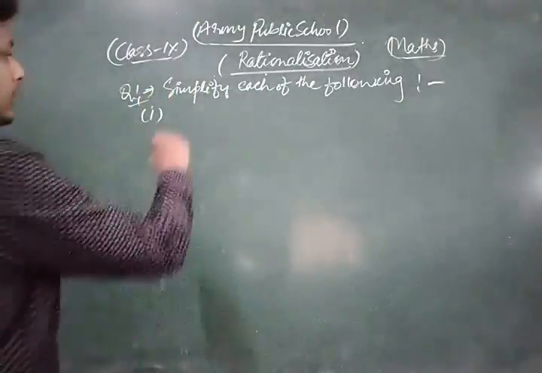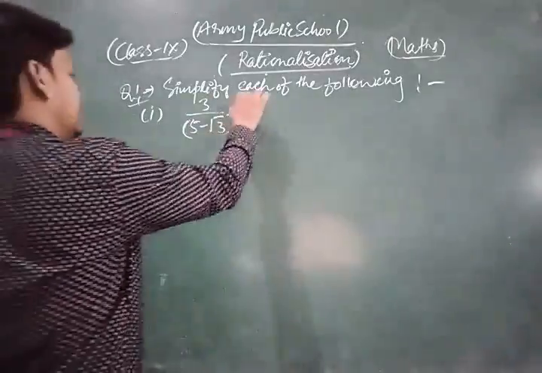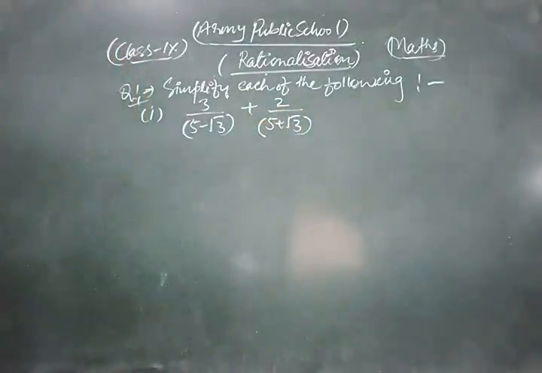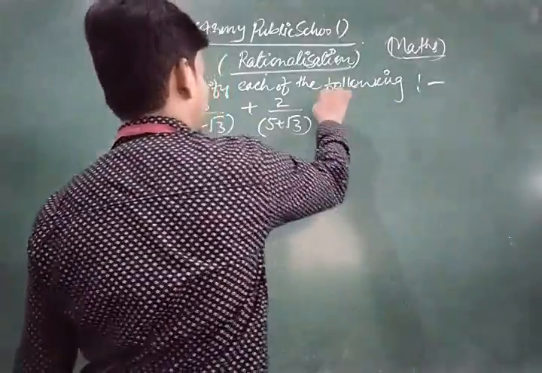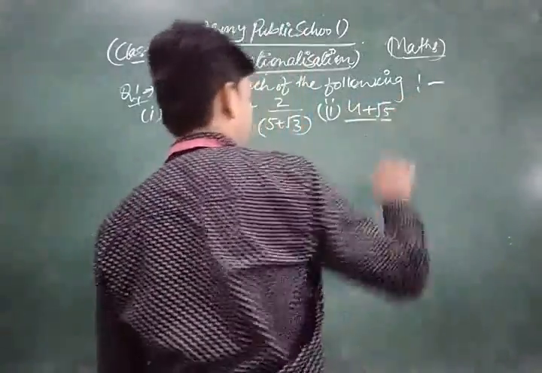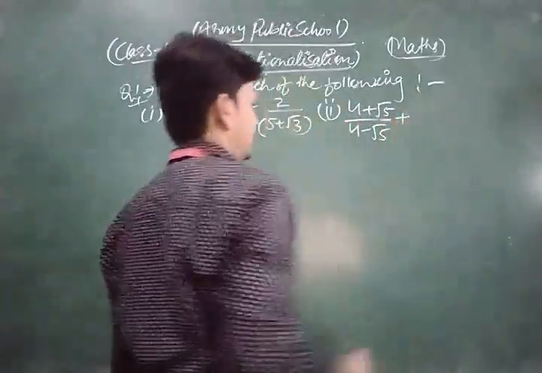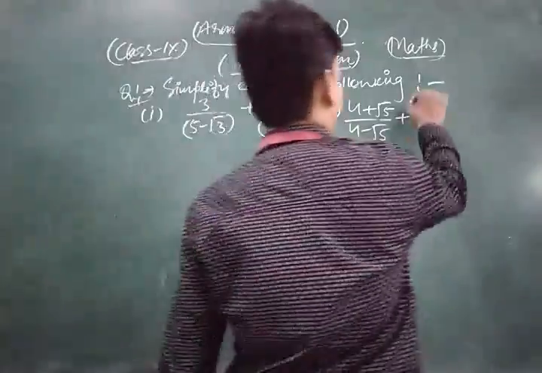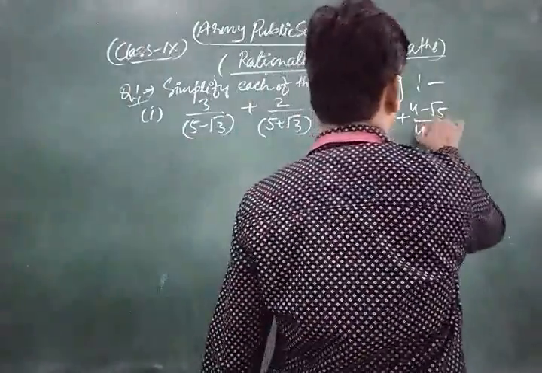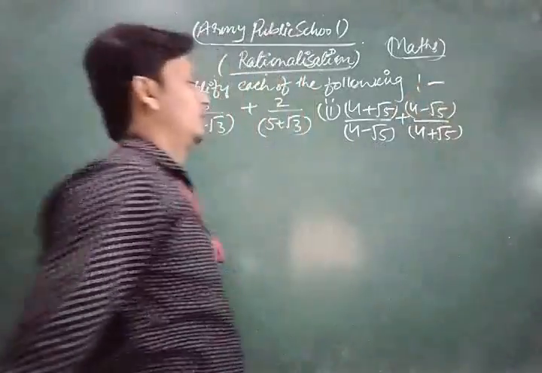First part is what? 3 upon 5 minus root 3 plus 2 upon 5 plus root 3, and second part is what? 4 plus root 5 upon 4 minus root 5 plus 4 minus root 5 upon 4 plus root 5. Okay, this is the question.